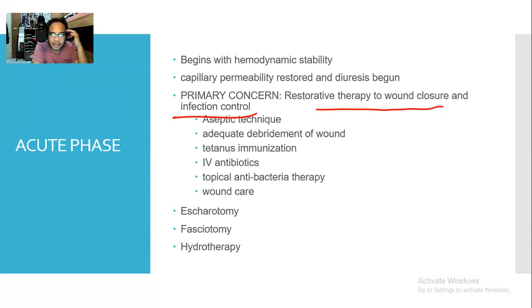So, ino-open nila. So, from there, kailangan talaga sterile. Okay? That's why may times na sa labas, meron talaga silang unit for the burned patients. Okay? Aseptic technique, sterile technique, adequate debridement of the wound.